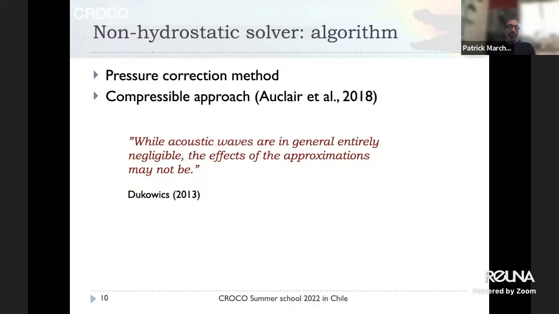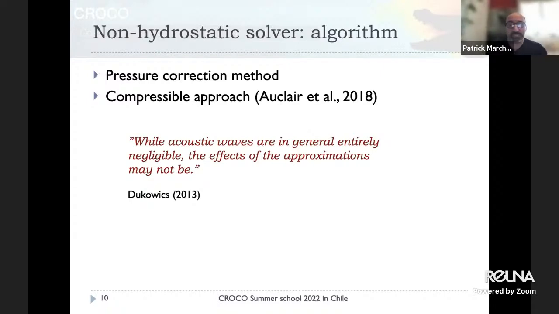So that makes me come to the second approach that we use more often in CROCO nowadays, and that's the compressible approach. As I said, it's an approach that is common in atmospheric models, but not in ocean models, not at all. The reason why we do it could be a physical reason.